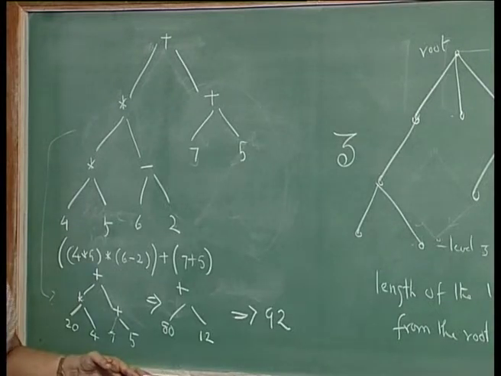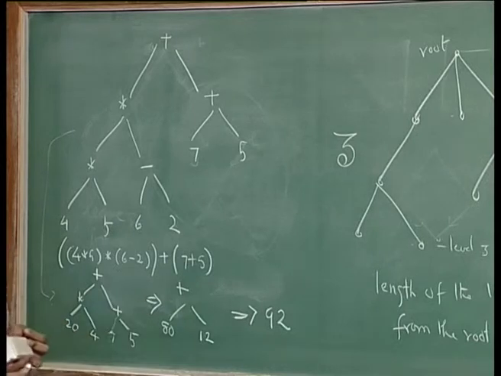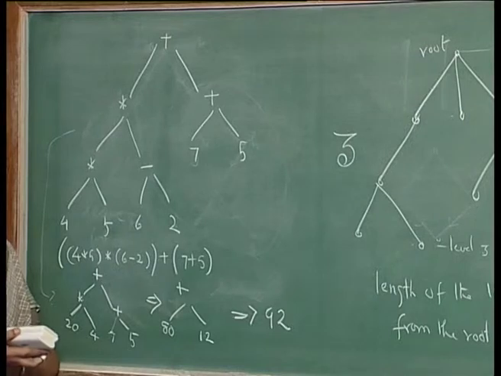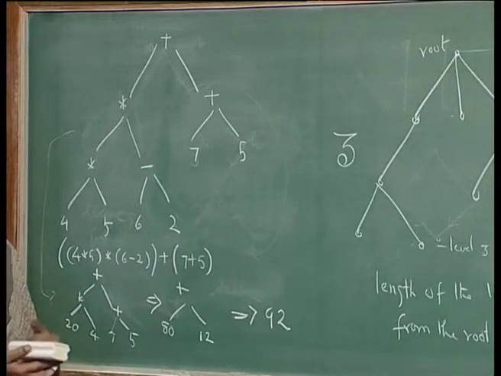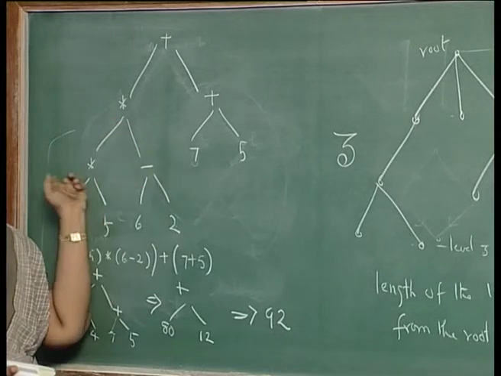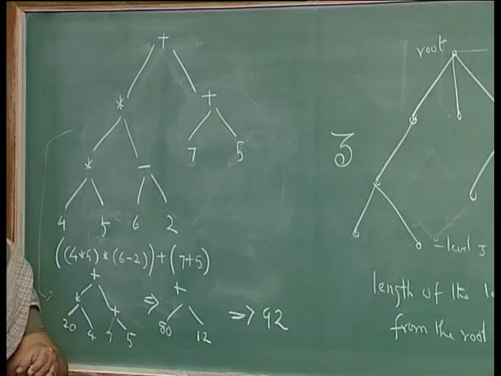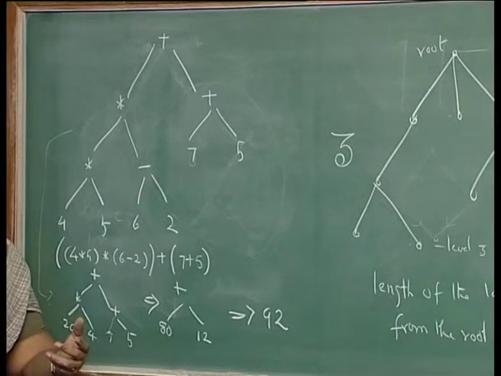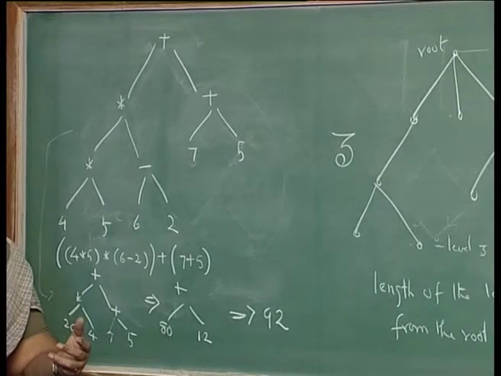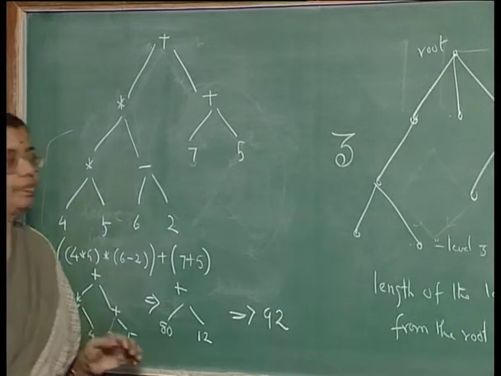But the main point to note is that the arithmetic expression can be represented as a tree like this, and the internal nodes are operators, leaves are numbers or variables, whatever it is. It could be something like A, B, and then A can be given a particular value, B can be given a particular value, and so on.